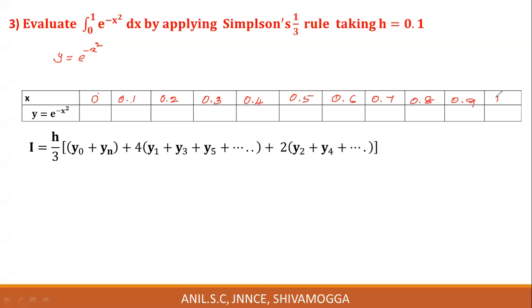Now find the corresponding values of y. When x is equal to 0, this will be e power 0, and we know that e power 0 is 1. Similarly, when x is equal to 0.1, you calculate this. I do not have calculator. You calculate e power minus 0.1 whole square.